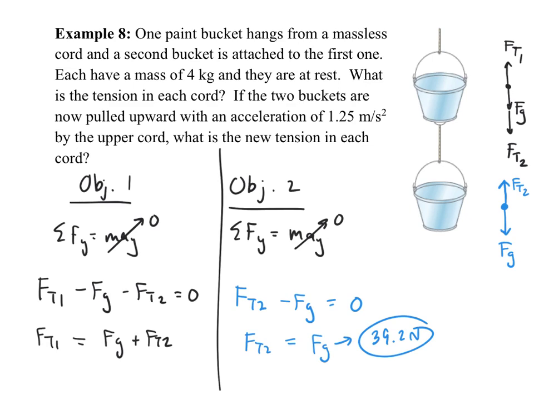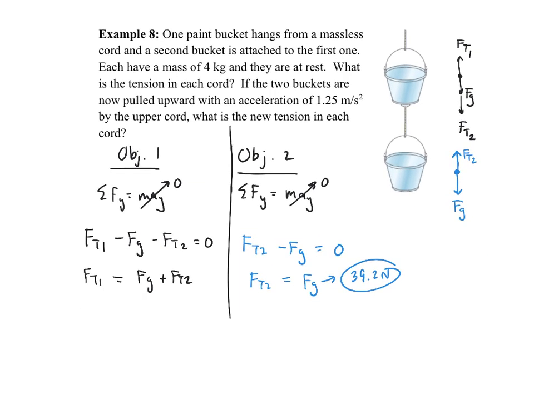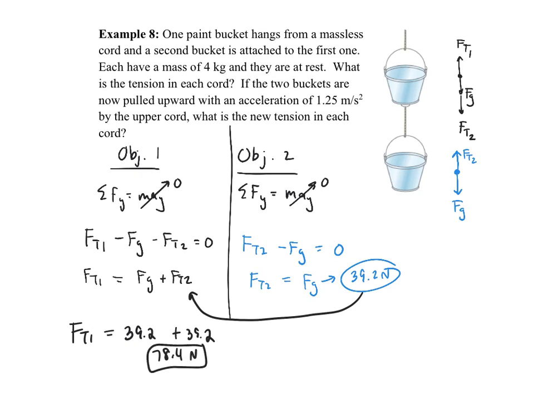So I can take that 39.2. I know this is going to go in right there. So the upper rope supports the weight of the upper bucket plus the weight of the lower bucket. As a result, the entire answer is 78.4 newtons. So that's the tension in the upper cable, double the tension in the lower cable.